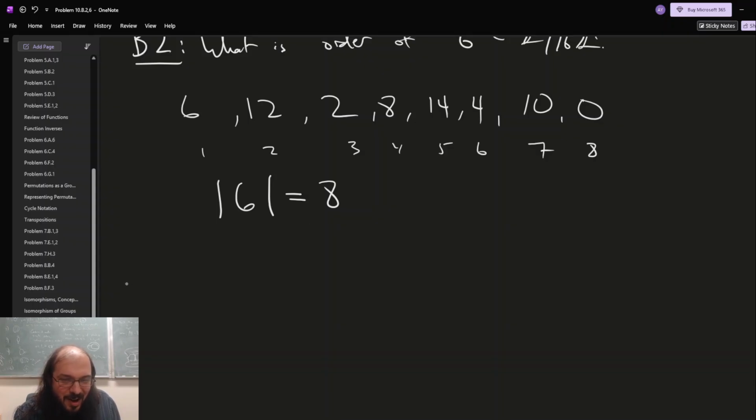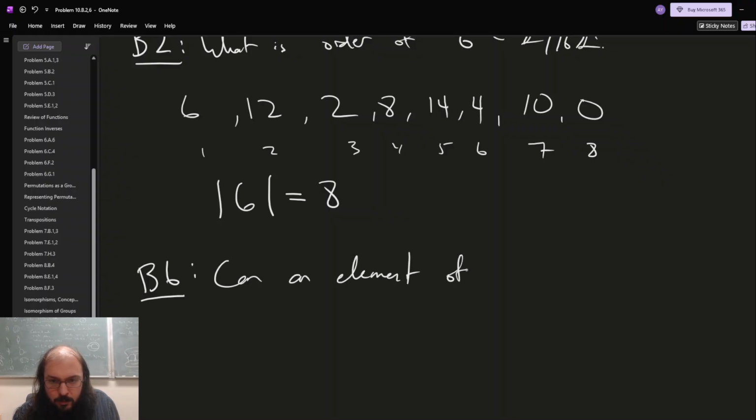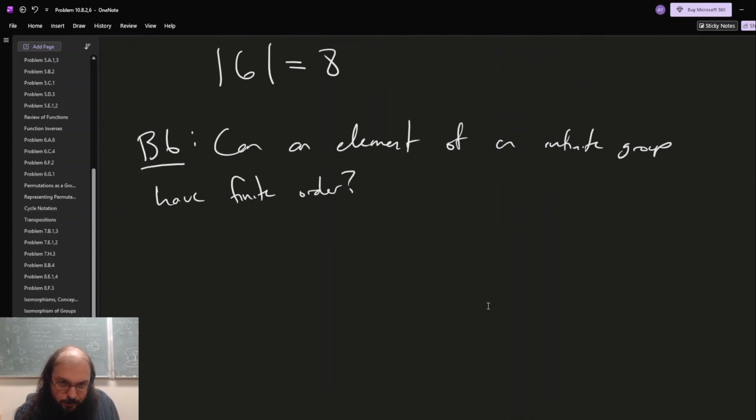All right, good. B6 asks, can an element of an infinite group have finite order? The answer is yes.